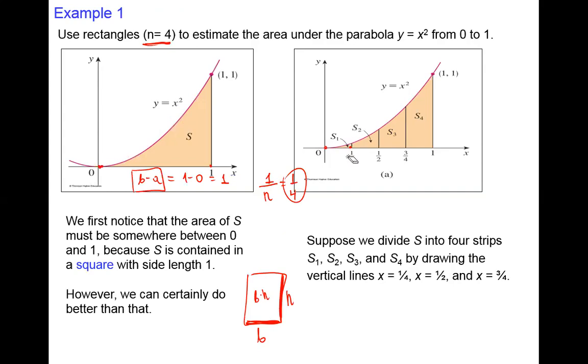That means 1/4 is on the right-hand side, and I am picking the right-hand side endpoints to be my sample point to create my height. That means the value for 1/4, which is this, will give me the height. And I will build my first rectangle. Of course, this is the value of the function for 1/4. This will be the height.